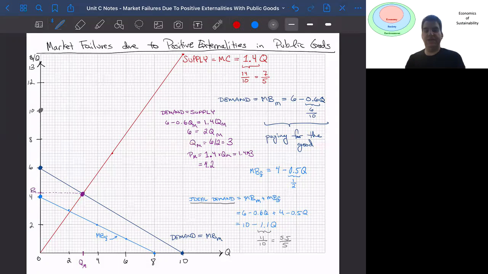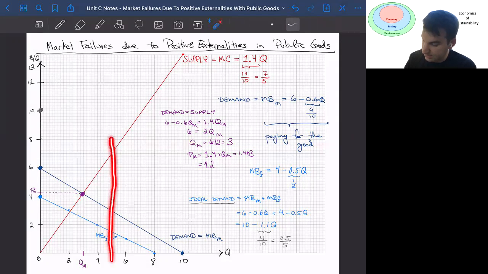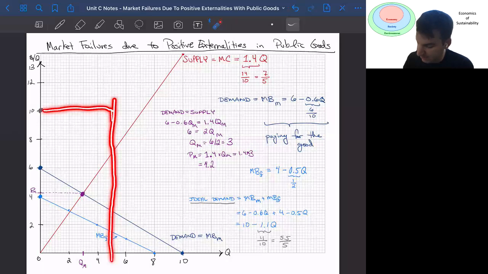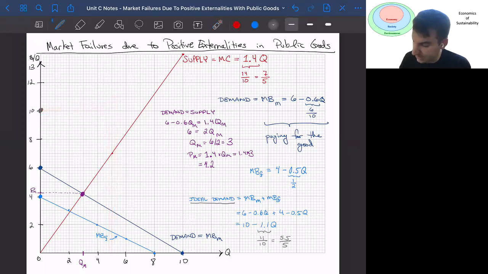So if you run 5, you'll drop 5.5. Well, 5 is here, and 5.5 is right down here. And so I can put a little point there.